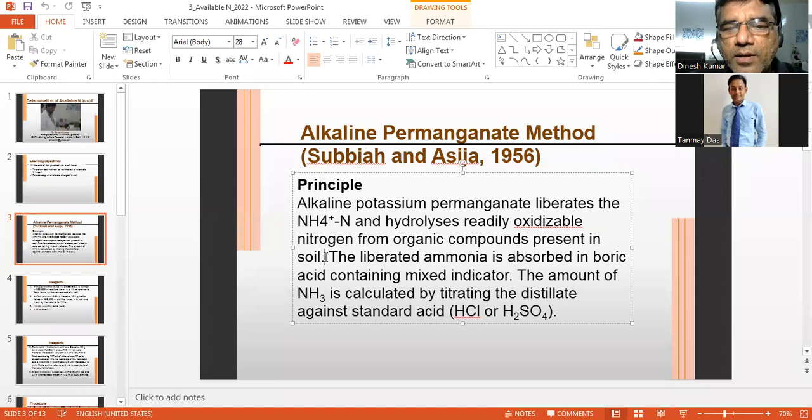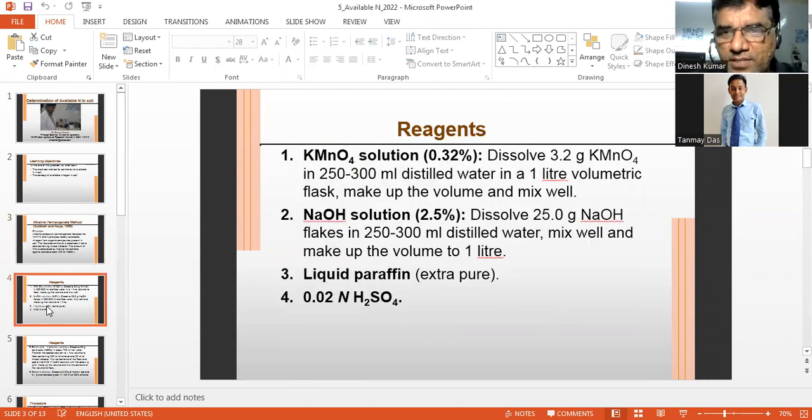Then in the same way you will take it to the distillation, where you will add sodium hydroxide. The liberated ammonia is absorbed in boric acid containing mixed indicator. The amount of ammonia is calculated by titrating the distillate against standard acid. You can take HCl or H2SO4 like in the case of total nitrogen analysis.